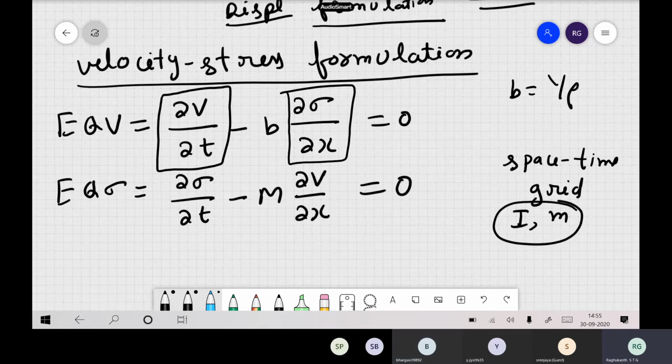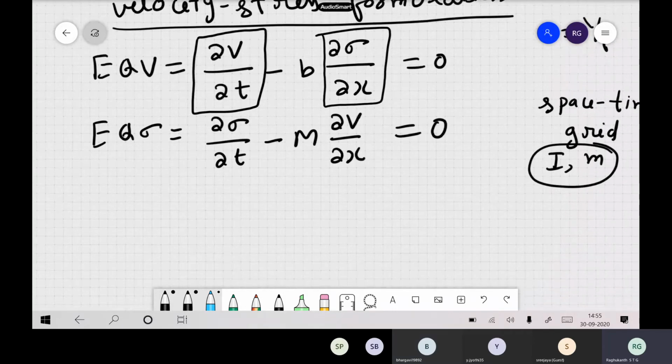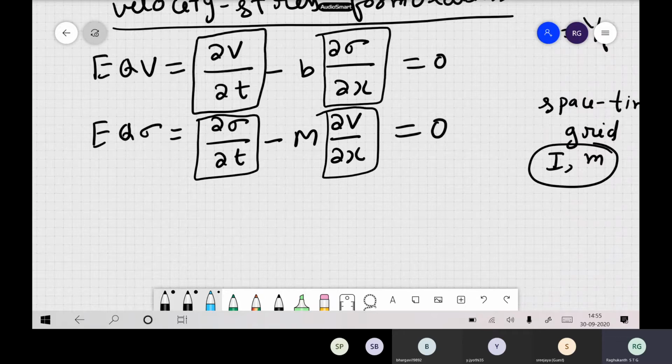So this you have to match at I and m. Now the second equation, what does it tell you? It is the reverse. You have temporal here and spatial there, so this has to be matched. In the previous case, we had a second derivative, so that type of problem was there. Now here the grid has to be entirely different.